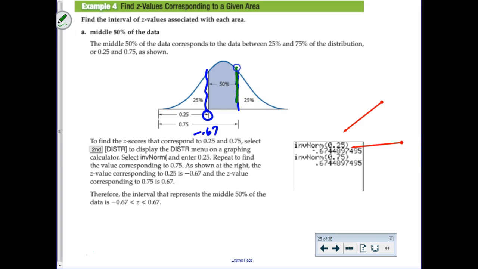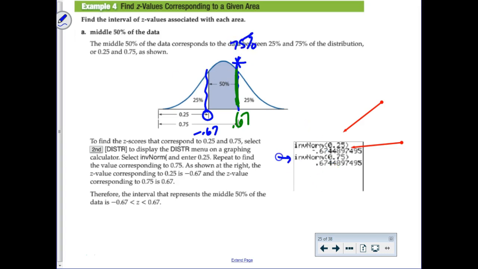If I needed to find this other z-score, it's going to be the positive version of that, because remember we had standard data, so 0 was in the middle. But the other way to find that would be to say, if this is the lower 25%, there's middle 50% here. At what point are we here? 25 plus 50 takes you up to 75%, right?